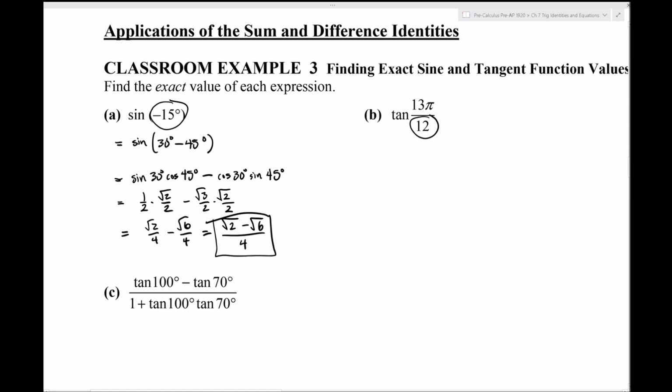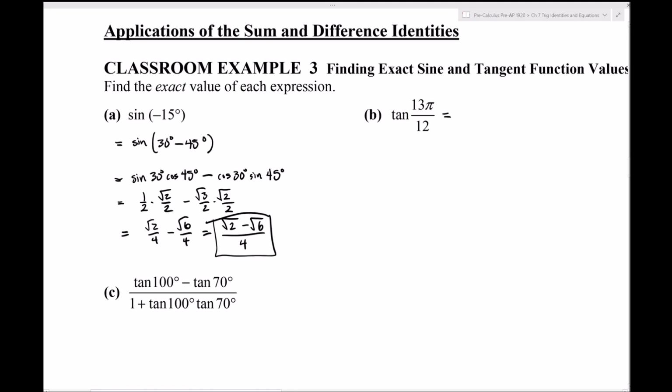Really these are the only ones we're going to be able to do these for, because if we subtract 30 degrees and 45 degrees, you get 15 degrees. It's kind of hard to subtract two special angle values to get anything other than the 15-degree angles. So that's what we're going to be seeing over and over, and especially in the homework, you'll be seeing a lot of these types of examples with the over 12 situation or a 15-degree, 75-degree situation.